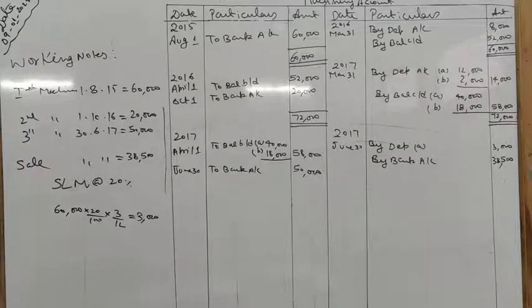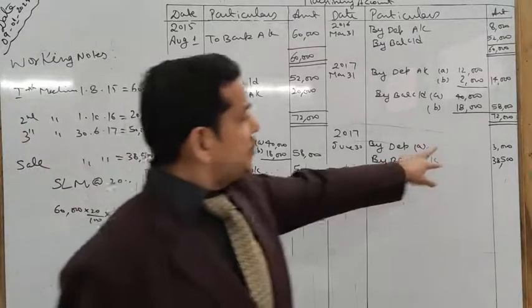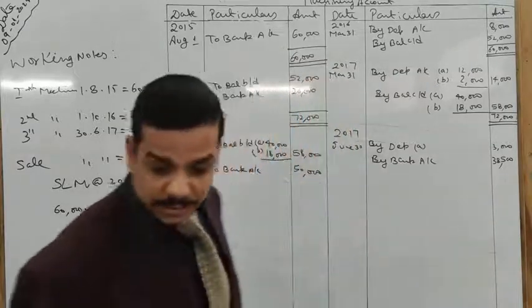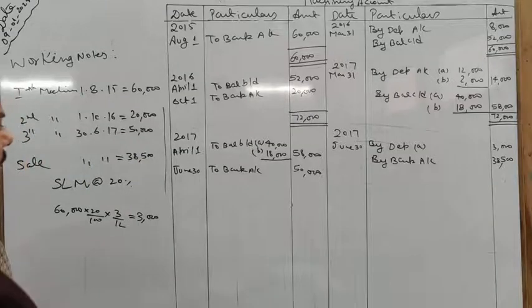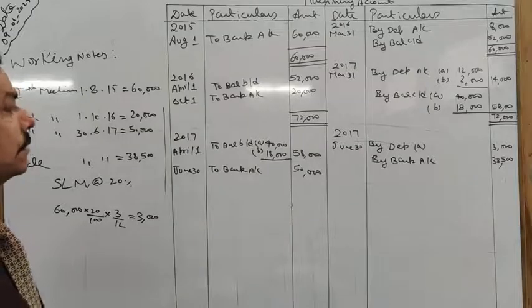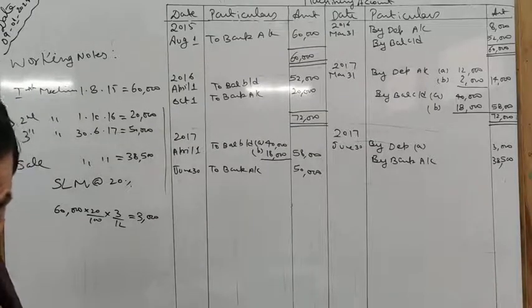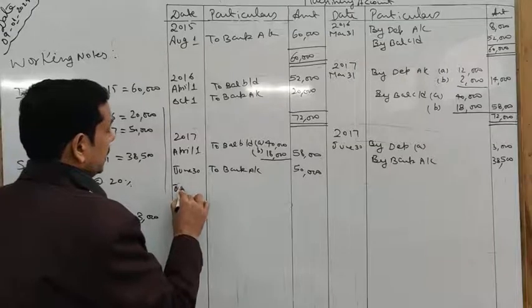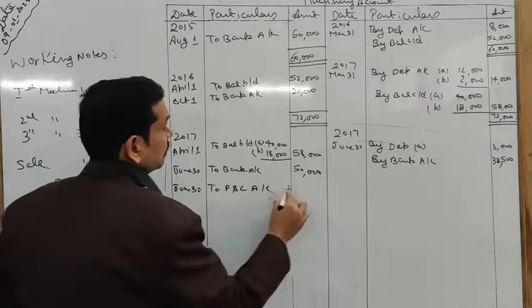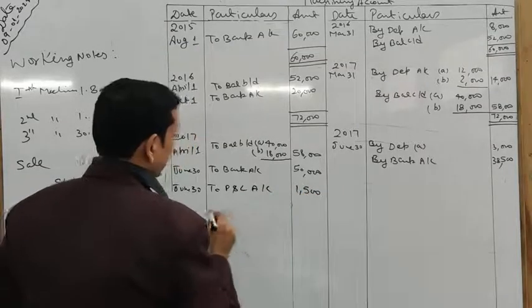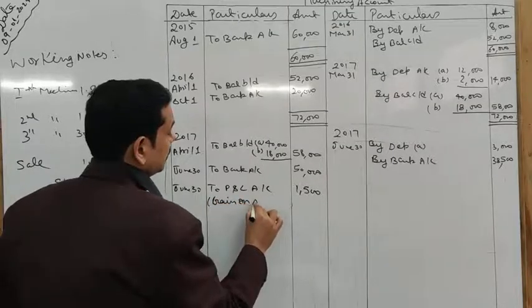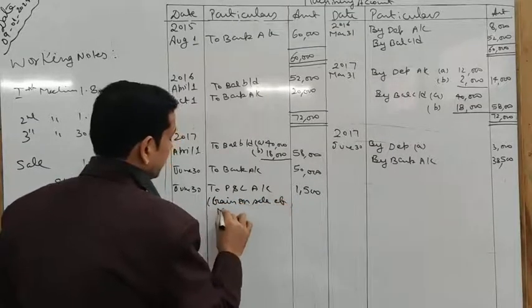It's very simple. Just add these two items, depreciation and sale value. 38,500 plus 3,000 is 41,500. And the cost of the machinery is 40,000. So we are having a profit of 1,500. So June 30 to profit and loss account 1,500, gain on sale of machine, for your reference.